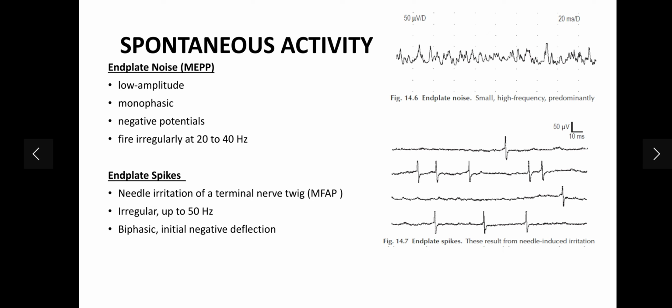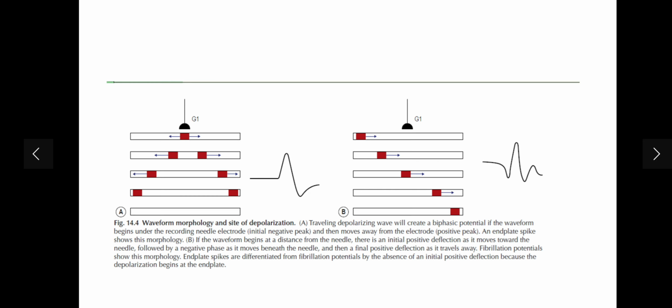And the other waveforms that could be seen in normal spontaneous activity are end-plate spikes, and these result from direct needle irritation of the terminal nerve twig. They are irregular and they are biphasic with initial negative deflection, and these are the bottom shape.